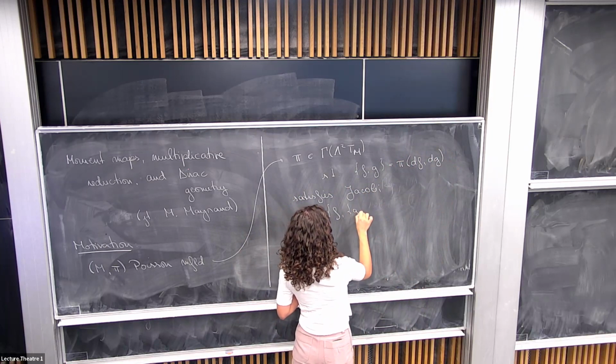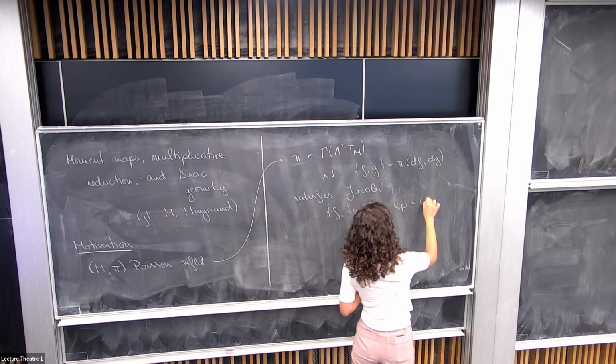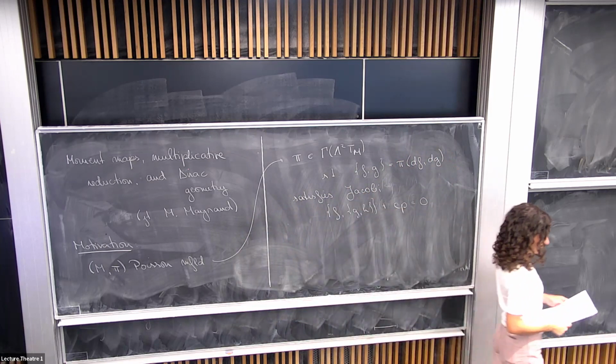So the Jacobiator {f, {g, h}} plus cyclic permutations is equal to 0.